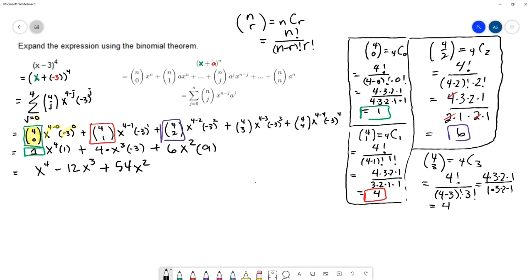So we get 4 after we reduce. So 4 choose 3 works out to be 4. We have 4x to the first power, negative 3 to the third power would be negative 27. So I've got to do 4 times negative 27.